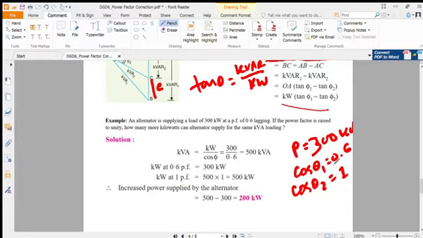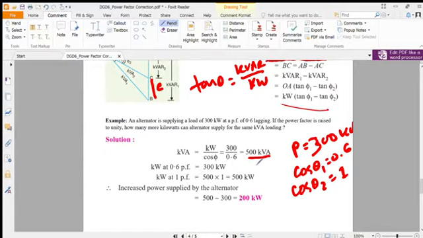For 0.6, the alternator is giving 300 kilowatt, and now for the same kVA loading, if the power factor is raised to 1, how much power will be supplied by the alternator? Let's see. We have to find the kVA for 0.6. This is 500 kVA.